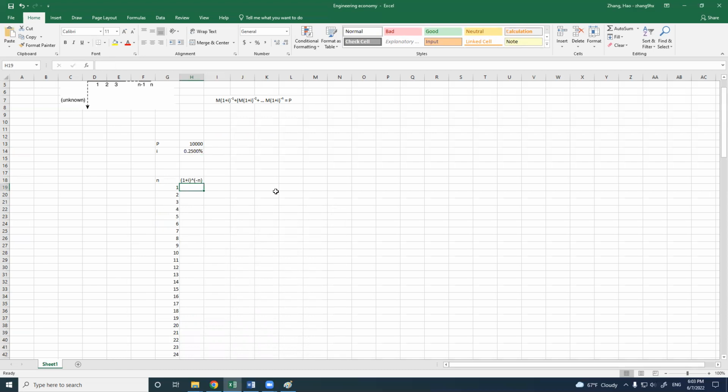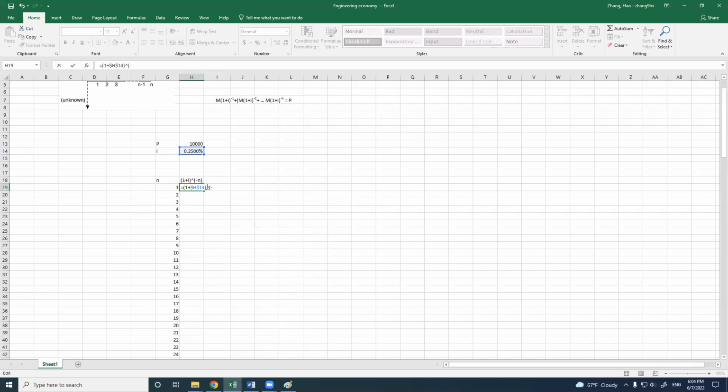And then next, what we need to do is type our equation: 1 plus the interest rate, which is this one. We want to make it fixed because later we need to drag it to other cells. We use this symbol to make it fixed, okay? And then to the power of what? To the power of negative.